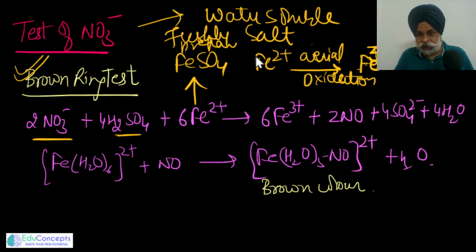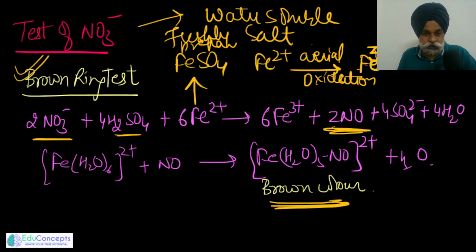During rusting, at the last step, ferrous changes to ferric. So ferrous salts should always be freshly prepared. NO gas is generated, and this NO gas then gives you a brown color. So it is quite an important one to remember with regard to the brown ring test of the nitrate ion.